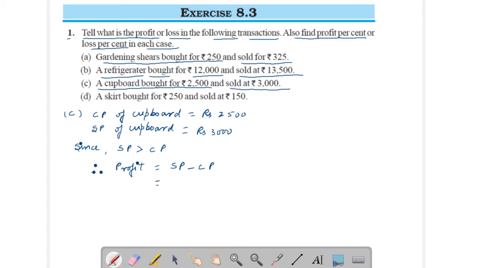Put the values. Rupees SP is 3,000 minus CP is 2,500, equal to rupees 500.